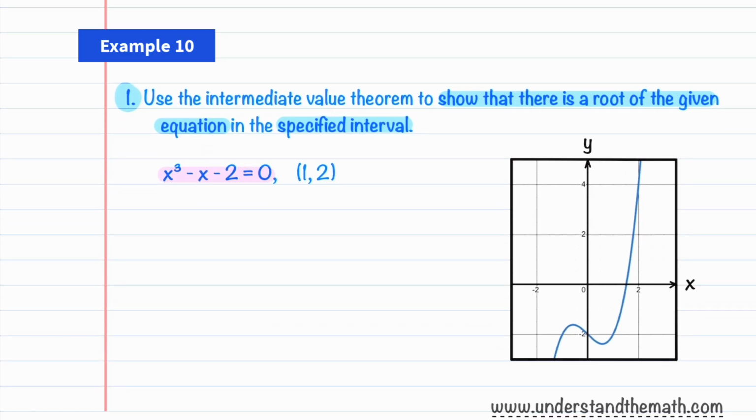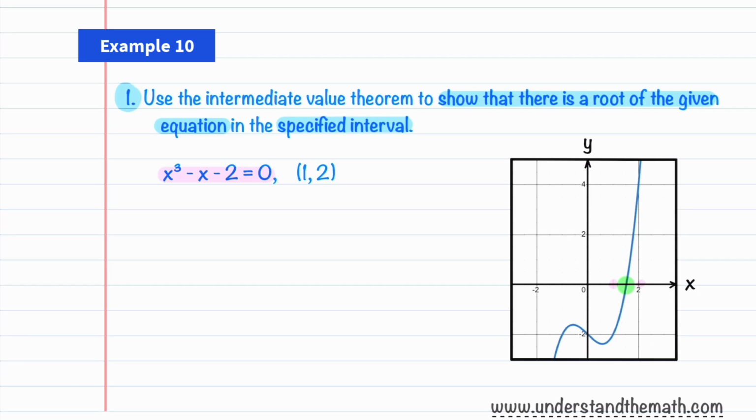I have graphed this equation so that we can better understand this. What we are looking for is to show that we have a root of this equation. So that is going to be this point right here where our function x cubed minus x minus 2 is equal to 0. And we want to show that we have a root between x is equal to 1 and x is equal to 2.